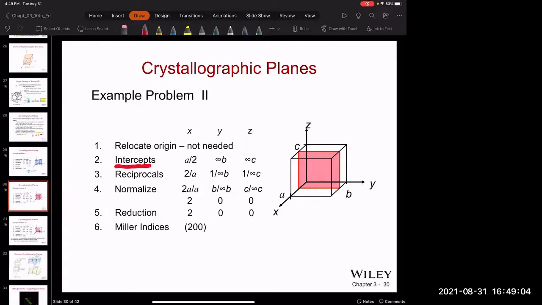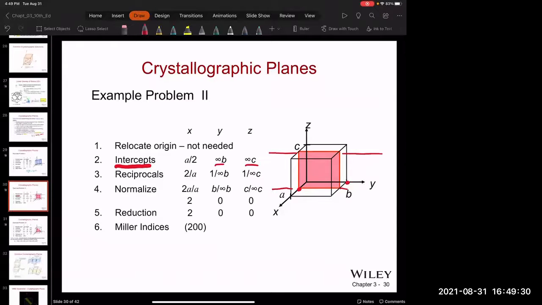In the x, it's about a half. In the y, it's at the 1 unit. In the Z, again, it goes to infinity. Well, sorry, in the Y, that doesn't intercept. So it also goes to infinity, right? This plane goes forever, but it never intercepts the y-axis. So Y goes to infinity, Z goes to infinity.